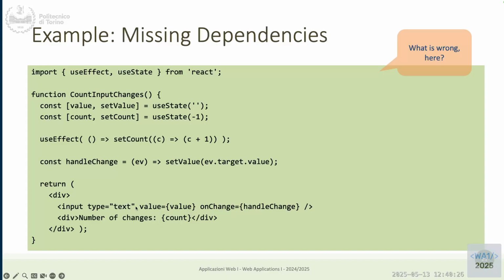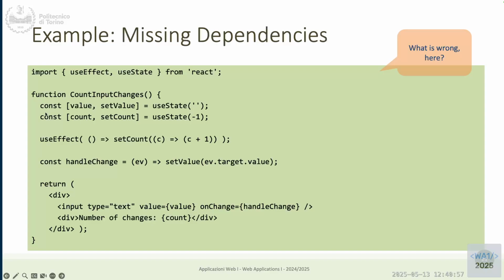The user types something into the box, handleChange is called, setValue, the value is changed, the component is re-rendered. We don't have a dependency array, so at every re-render, the effect is executed. So it should actually count the number of refreshes. Actually, it doesn't, and it enters an infinite loop.